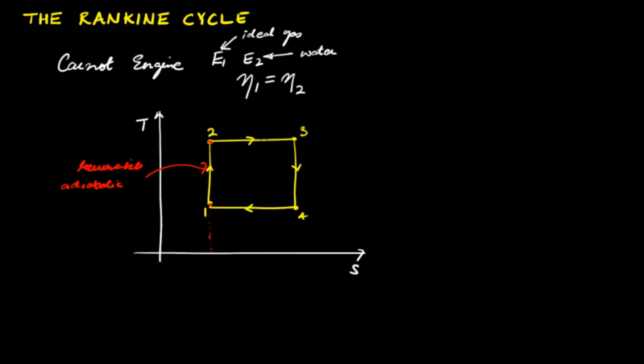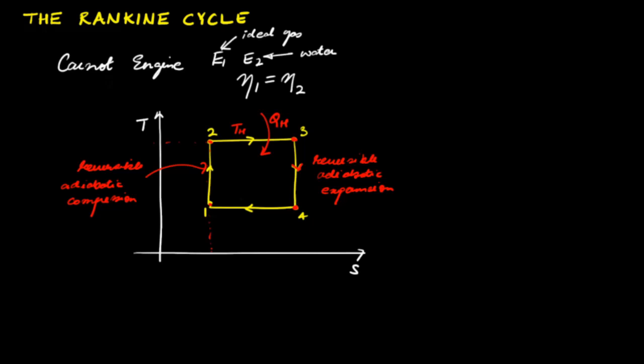In the next step, heat is absorbed isothermally at constant temperature, let's say TH, and let's call that heat QH, from a thermal reservoir at temperature TH. Then from state 3 to state 4, the substance undergoes a reversible adiabatic expansion, and again the entropy does not change during this process, and the substance attains equilibrium state 4.